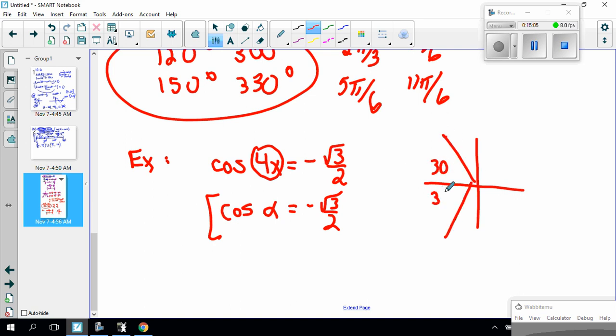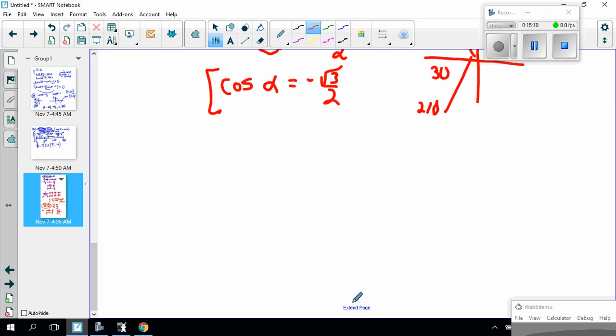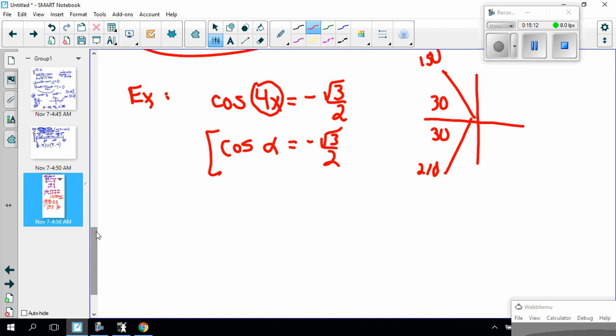Unfortunately, that's at the 30s. Therefore, that's 150, that's 210. Now, I said it was going to work in radians. So the answer is alpha equals 5 pi over 6, and it repeats every 2 pi, 2n pi. And alpha equals 7 pi over 6, because that's 210, plus 2n pi.